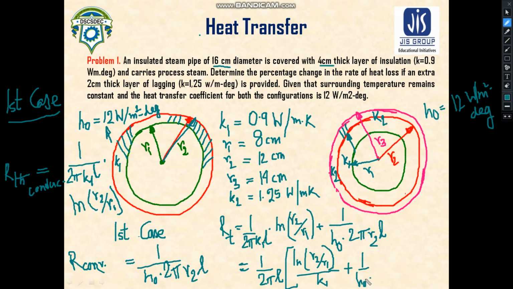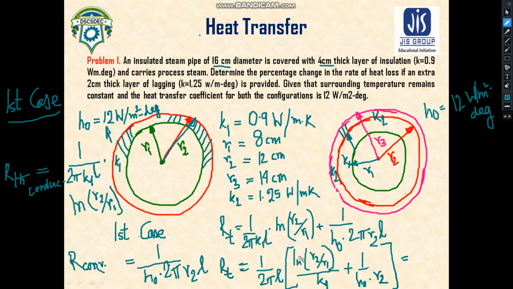So it will be 1 by H0 multiplied by R2, since 2 pi L is already taken common here. Now if you concentrate on this one, you can understand that we have all the data for this equation. That means you know R2 is 12, R1 is 8, K1 is 0.9, and H0 you know, 12 watt per meter square.